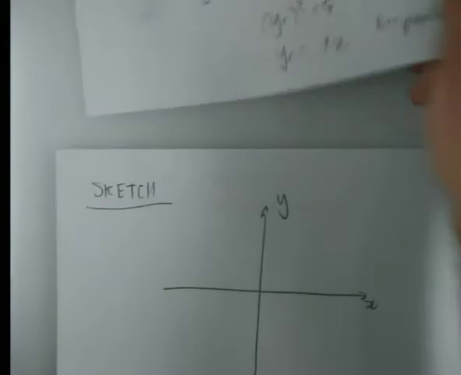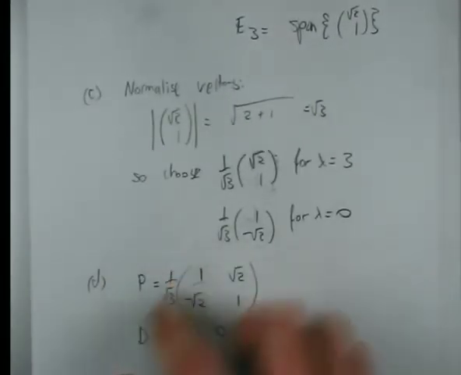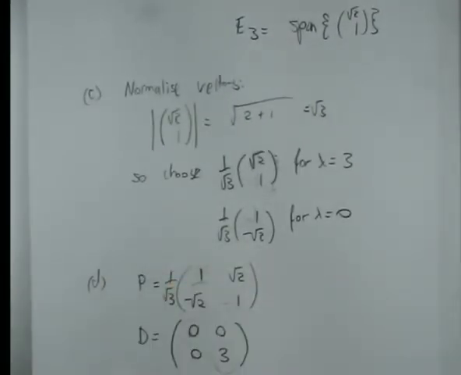So if I go back through my working, my matrix P will tell me where the x_R and the y_R axes point. See this vector here? That points in the direction of the x_R axis. And this vector here points in the direction of the y_R axis.